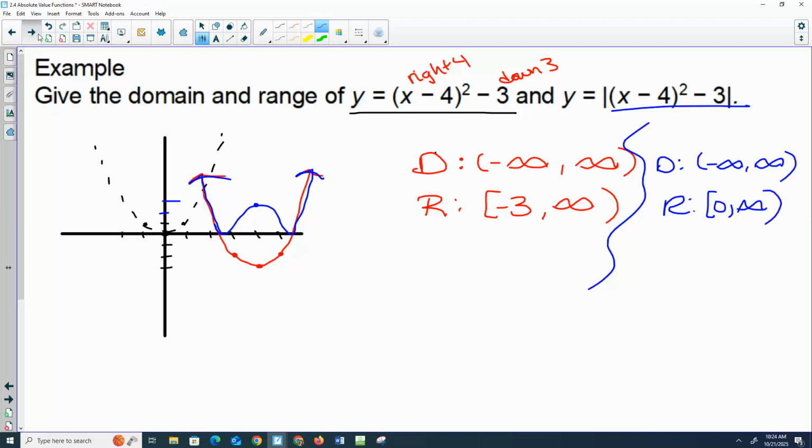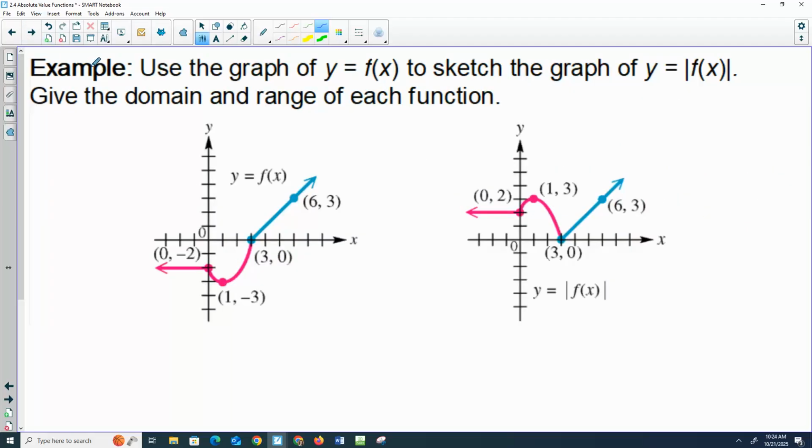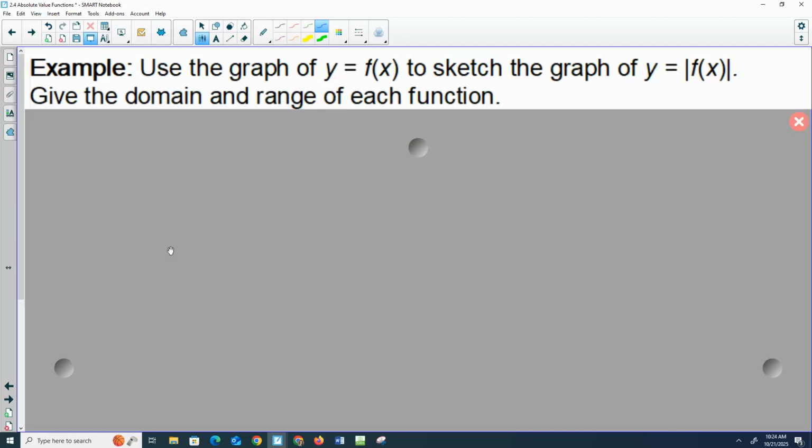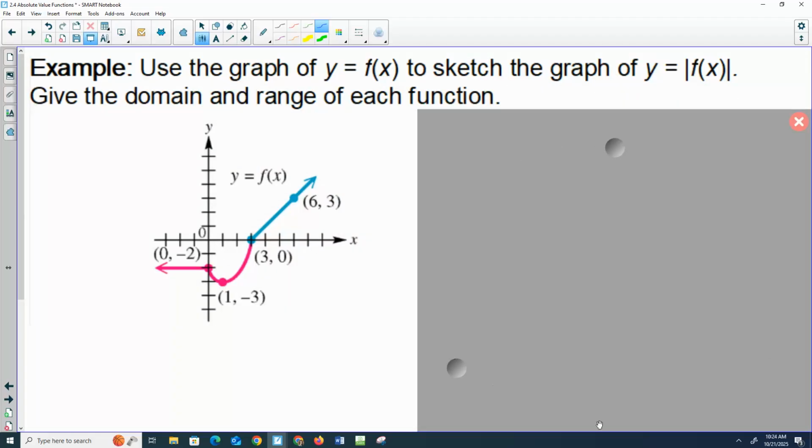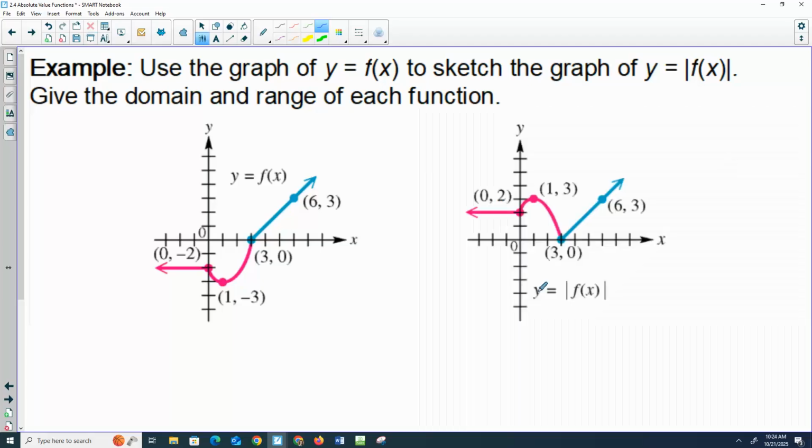Let's look at this one. I'm giving you a graph. I guess I really didn't want to give you the answer, did I? Here's my graph. If I asked you to graph the absolute value, what happens to my graph? So this pink part would get flipped up, right? All of those negatives become positive.